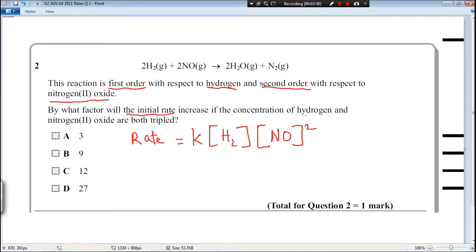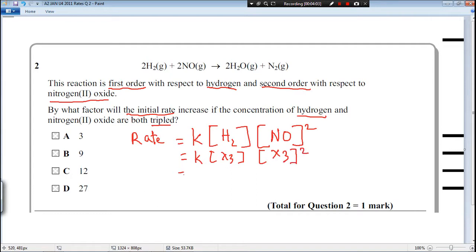They have said that both hydrogen and nitrogen 2 oxide are tripled, so let us substitute the factors over here. Let us keep the constant k, and here it is also tripled, nitrogen monoxide.